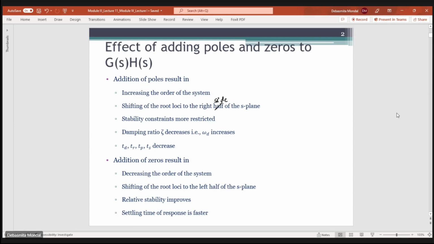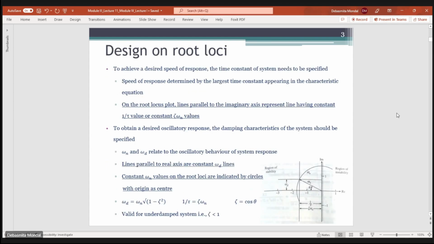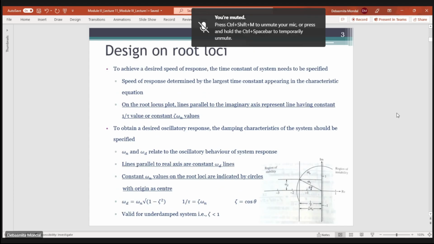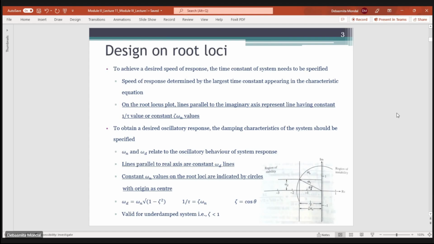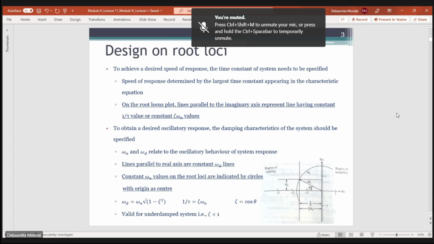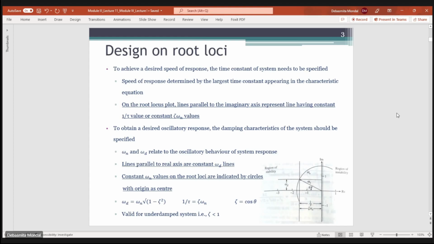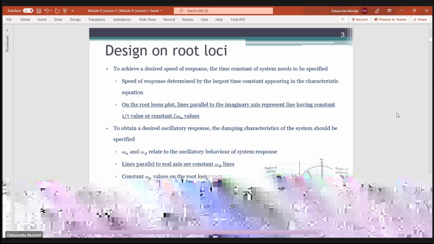Then, after we have drawn a root locus, the main purpose of drawing it was that we wanted to know where the closed loop poles of the system will lie for a given value of the system parameter. The system parameter that we usually consider is the gain of the system.